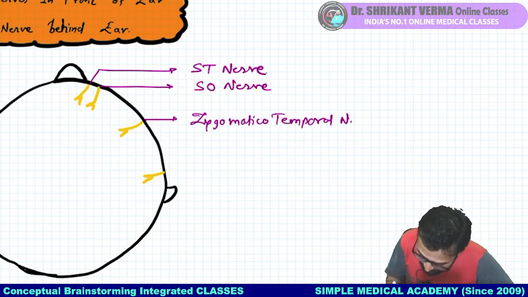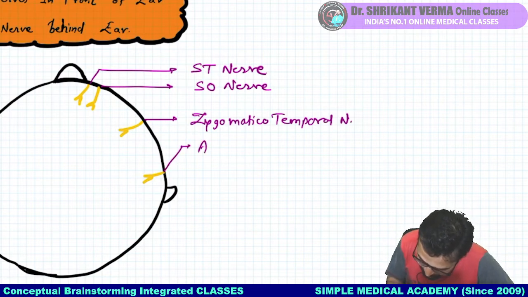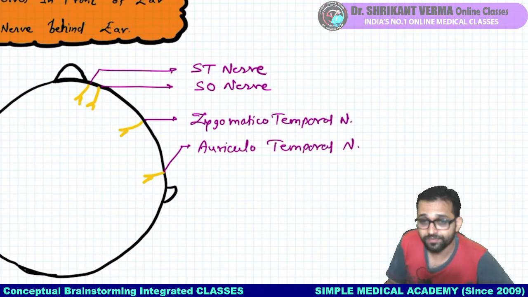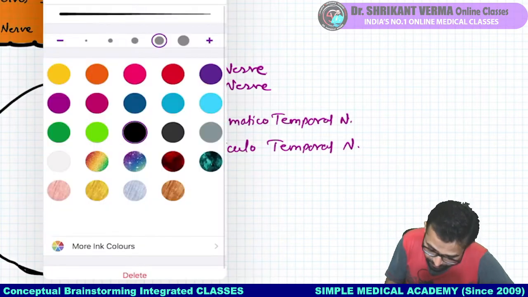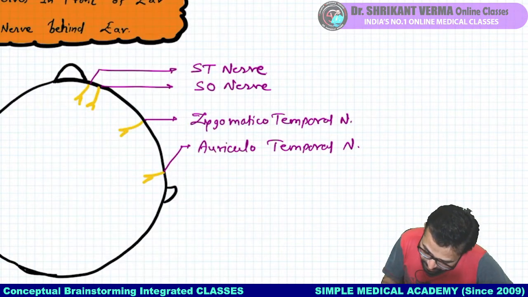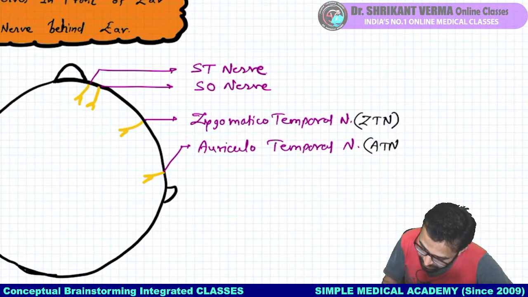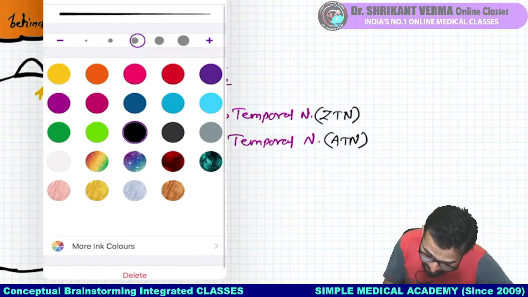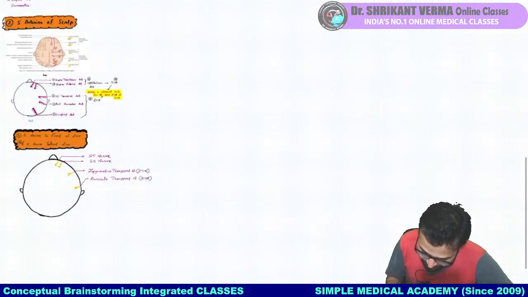And another one is auriculotemporal nerve. Getting the point? In short, we will say ZTN, ATN. These 4 nerves are sensory in nature.